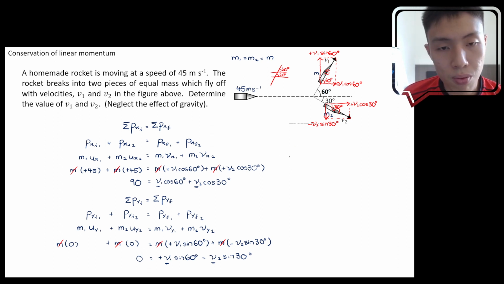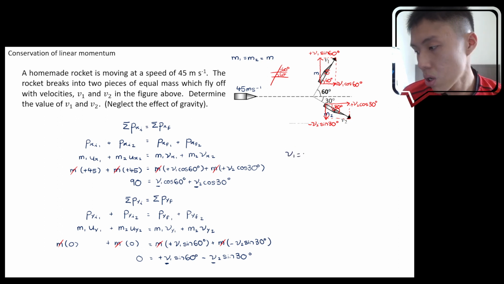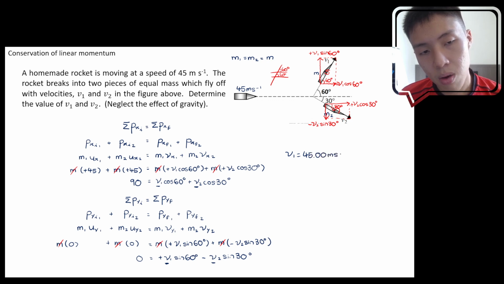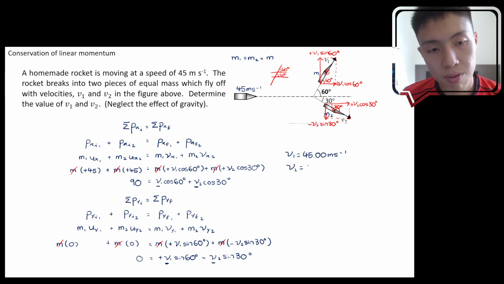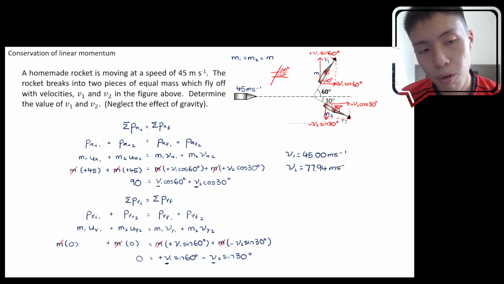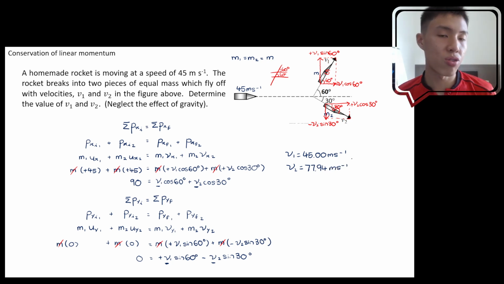So your V1 will be equal to 45 meter per second, whereas your V2 will be equal to 77.94 meter per second. Okay, both of these values should be positive. You should not get a negative value.